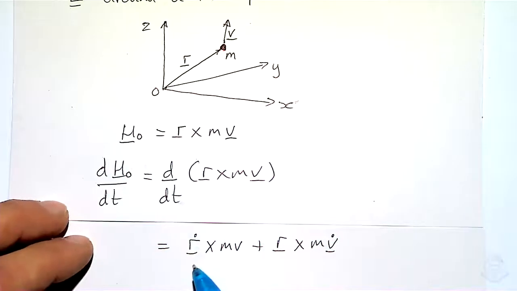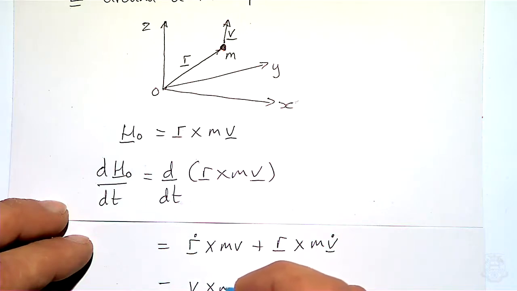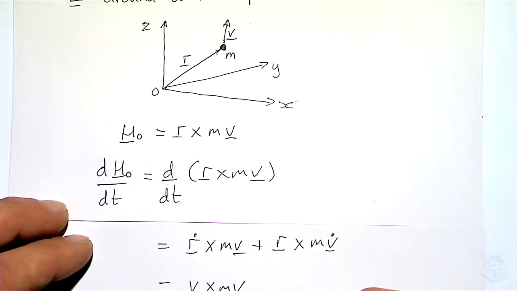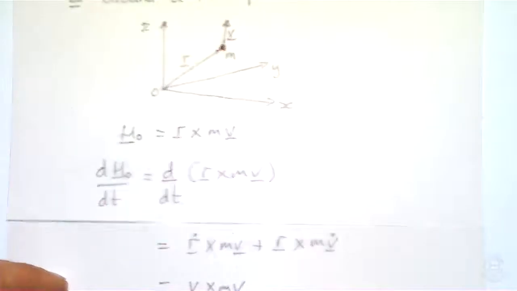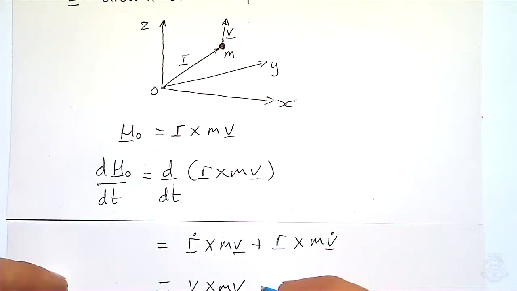But of course r dot, the distance vector times d by dt, is actually the same as v. And as you know, the cross product of a vector with itself, because m is just a scalar, is 0.